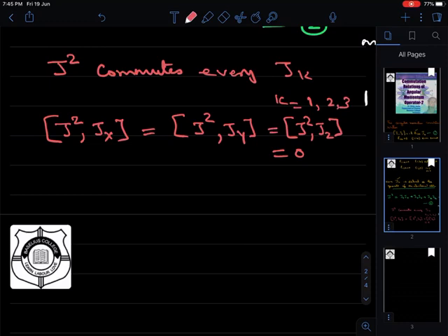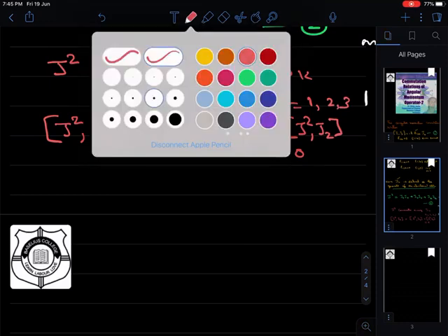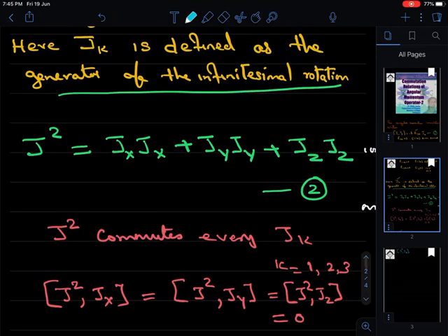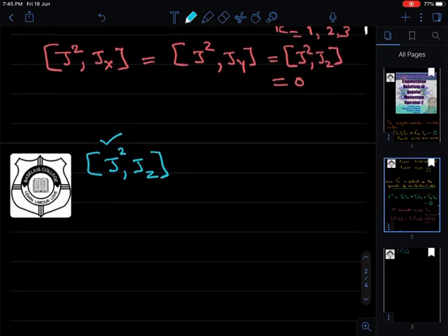So we'll take one example, that is J square commutes with the Jz component. Let's put [J square, Jz]. Now we have to substitute for J square. What is your J square? It is nothing but Jx squared plus Jy squared plus Jz squared. Let's substitute here.